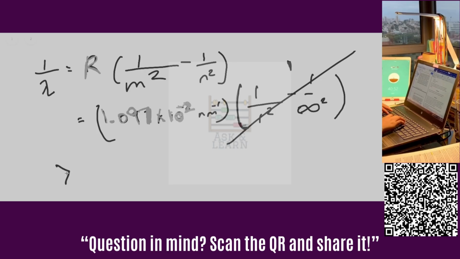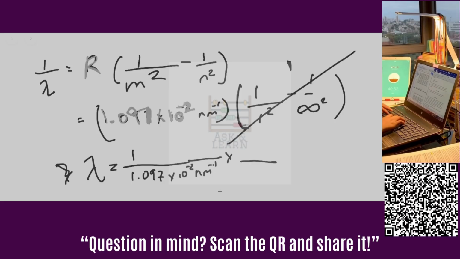To solve for lambda, we're going to have 1 divided by 1.097 times 10 to the negative 2 per nanometer, inverse of course. Now to solve for that, we need to flip that nanometer inverse. So when you solve for this, we're going to get nanometer.